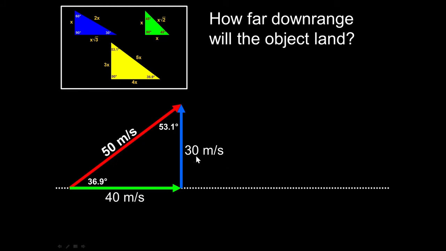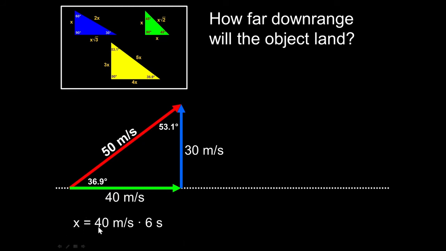That 30 meters per second, remember with a projectile motion problem, time is what you want to find first. So that 30 meters per second tells you it's going to be in the air for 6 seconds. It's going to come back to the ground 6 seconds later. Because if you shoot it up at 30 meters per second, 1 second later it's going to be going 20 meters per second, 1 second after that 10 meters per second, 3 seconds until it gets to the top at 0, 3 more seconds back to the ground.